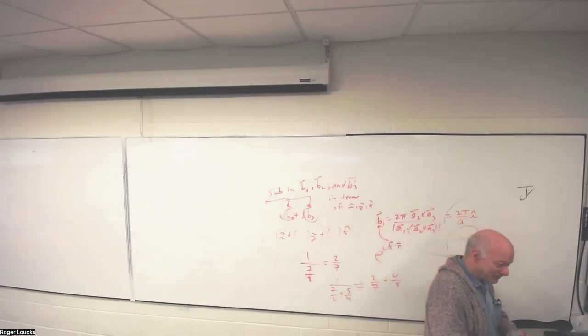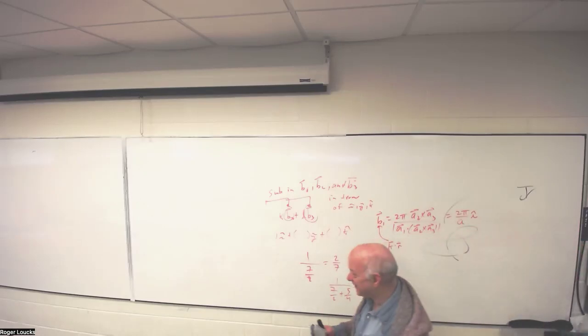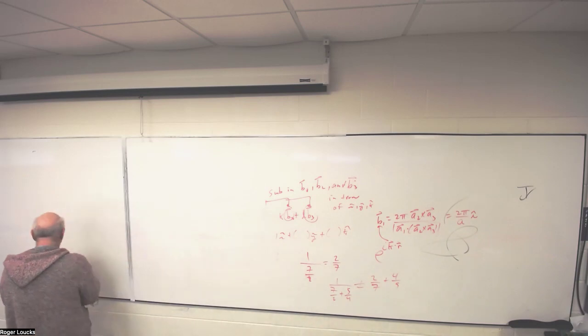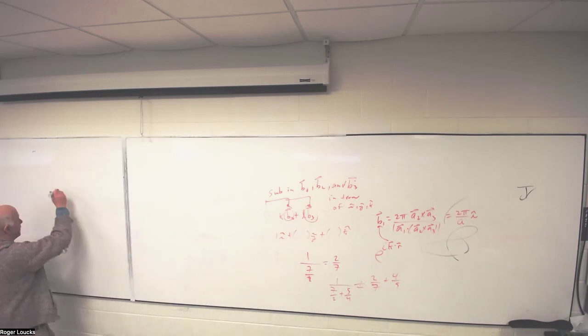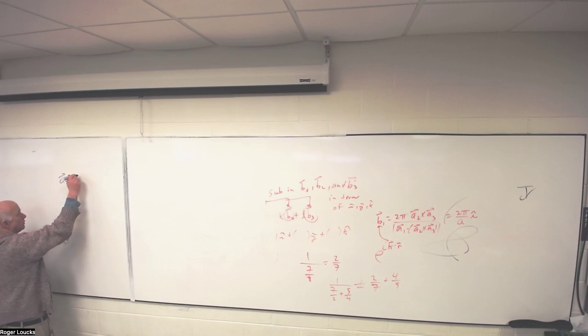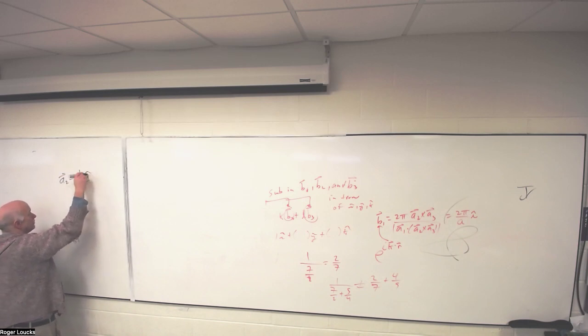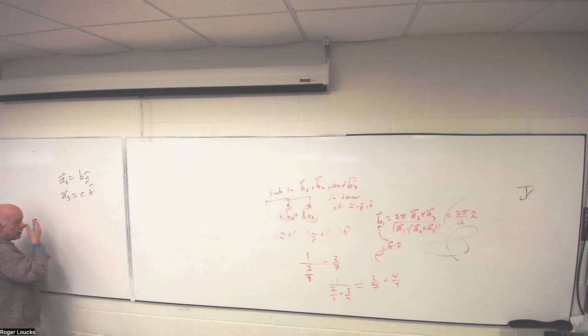Okay, so if we had something like that, remember what we had? We had B2 equals B J hat, and A3 equals C K hat. Show that B1 is 2 pi over A I hat.